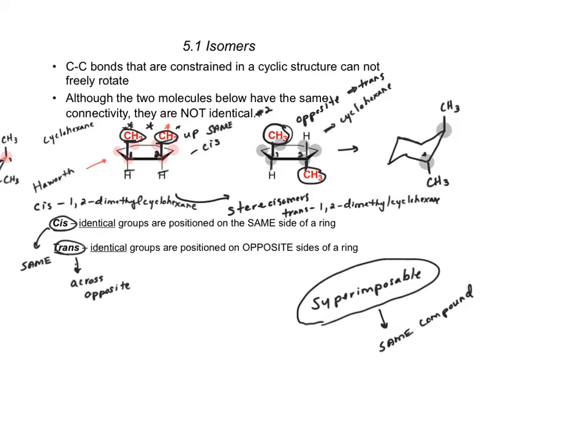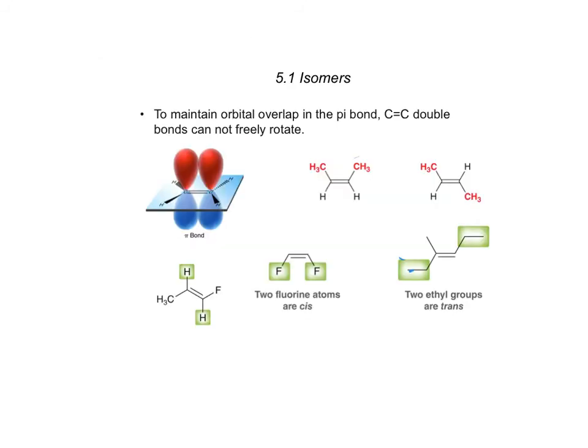Another little area where cis-trans comes in is alkenes. Okay, so remember what an alkene is? Alkene with an E-N-E. What does that imply as a functional group? Double bond. So we're talking about a carbon-carbon double bond. Okay?